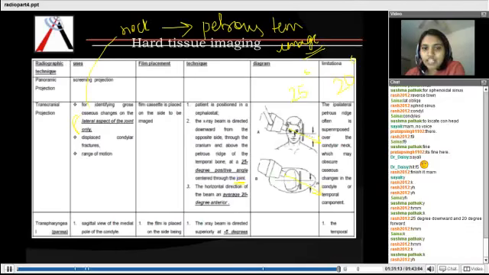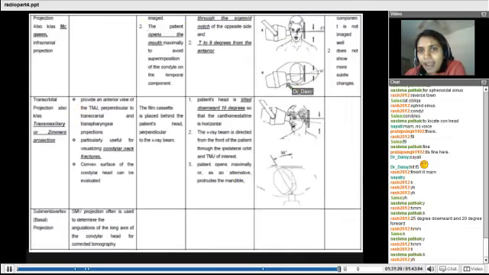The X-ray is directed superiorly at -5 degrees, so it is 5 degrees upwards and 10 degrees backward, 7 to 8 degrees from the anterior. Okay, 10 degrees, so 7, 8 or 10.